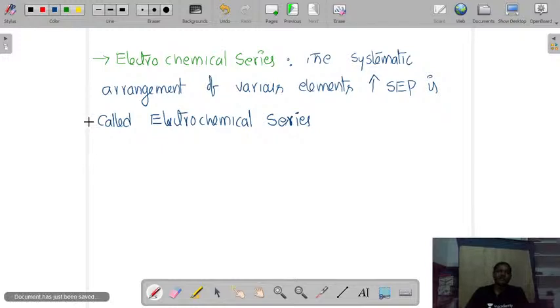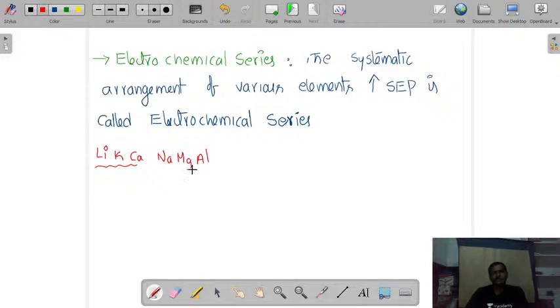Electrochemical series. Element having lowest electrode potential is lithium. Next one, potassium. Next one, calcium. Next, sodium, magnesium, aluminum. Next one, zinc, iron, hydrogen. Next one, copper, silver, gold, and fluorine.